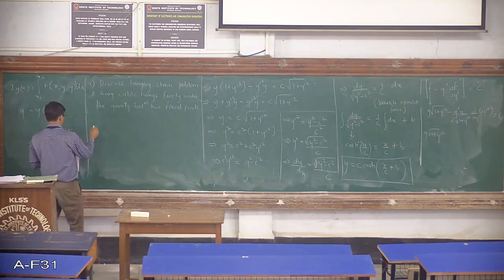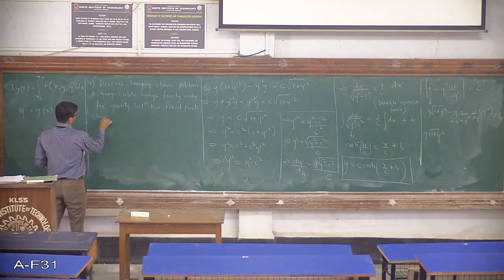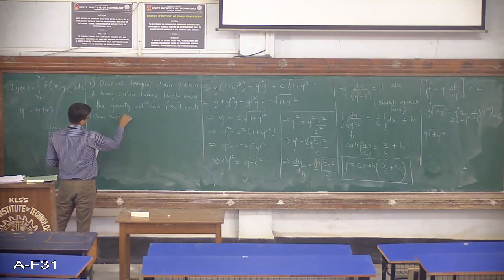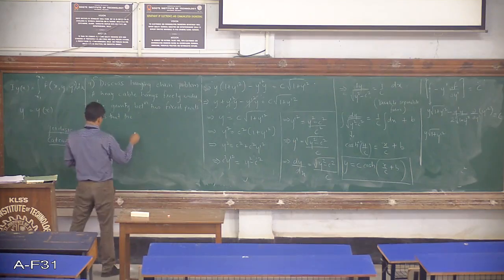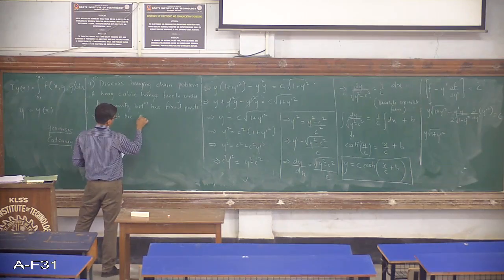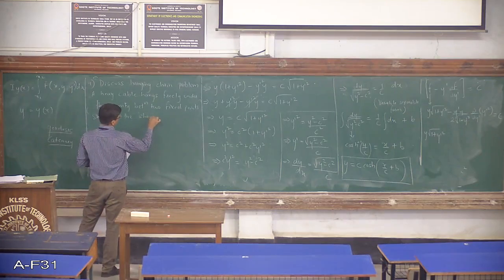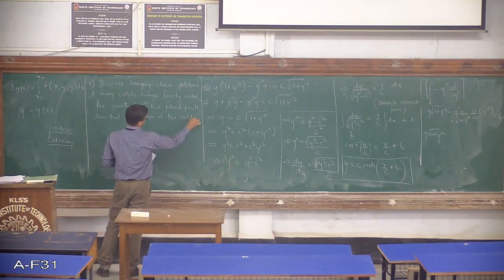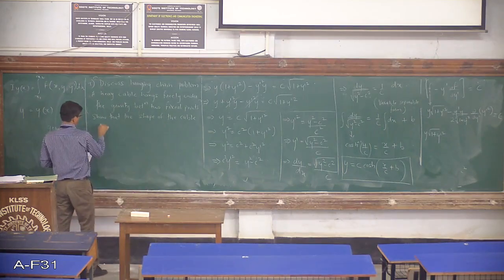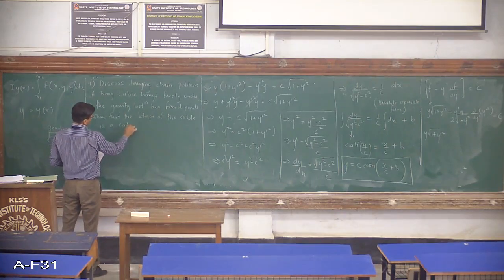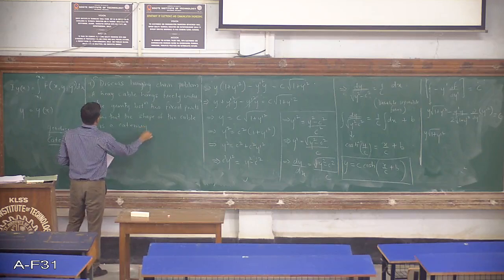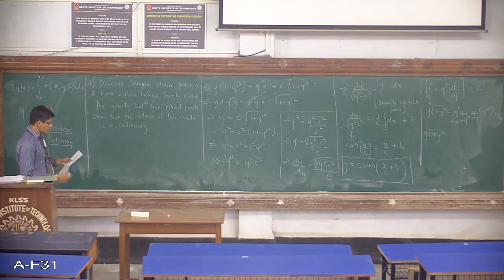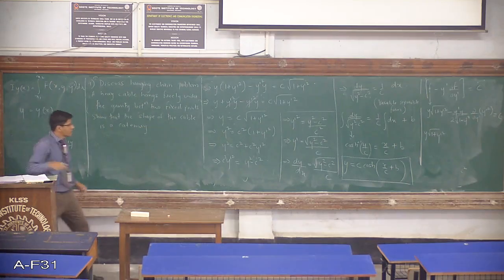Show that the shape of the cable is a catenary. Okay.